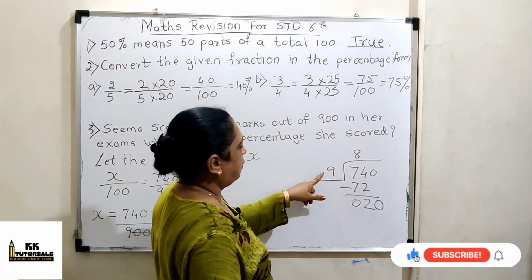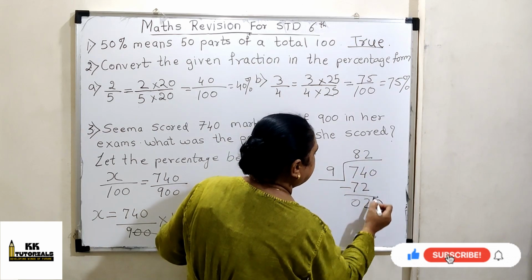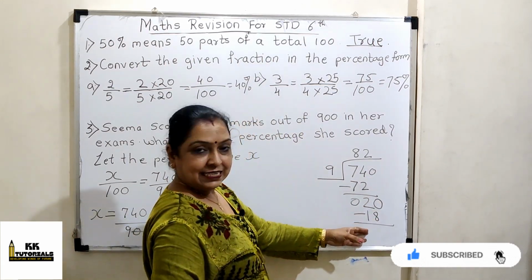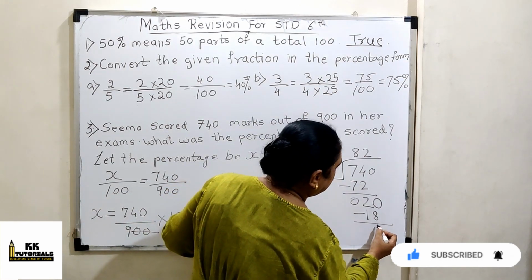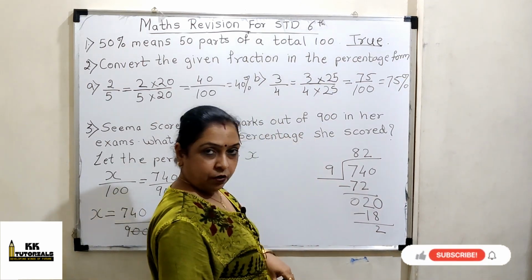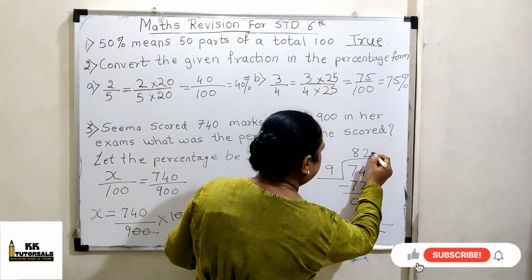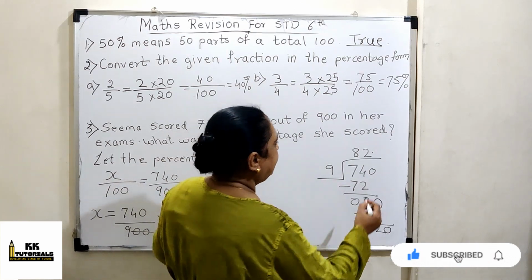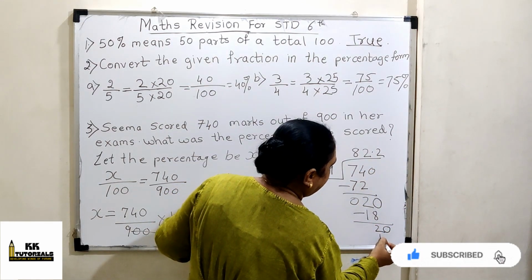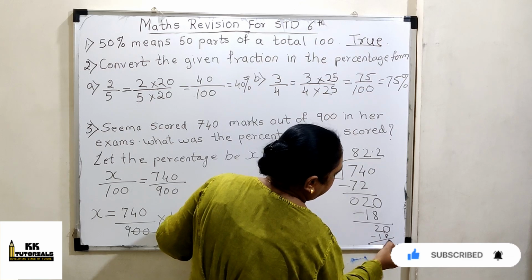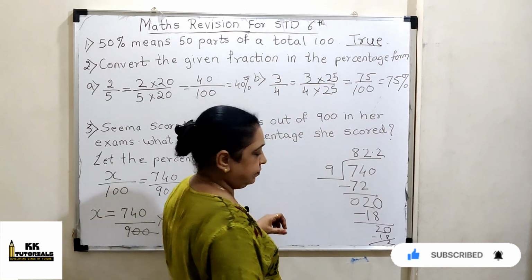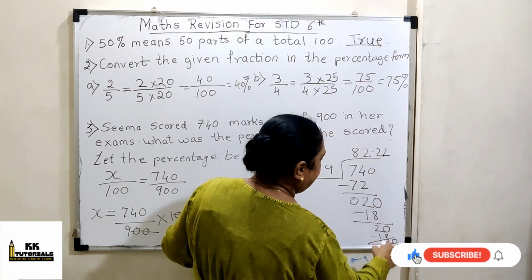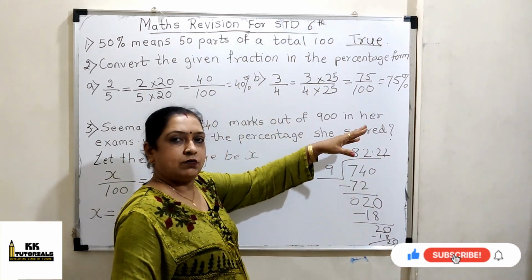Now, 9 2s is how much? 18. Again 20 minus 18 is 2. Okay. Put point over here. Put 0 over here. Now 9 2s are 18. Again 2 is remaining. Put 0. Then 9 2s are again 18. It will go on. Okay.